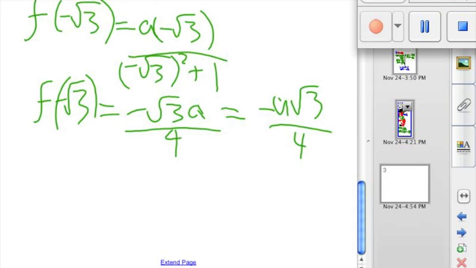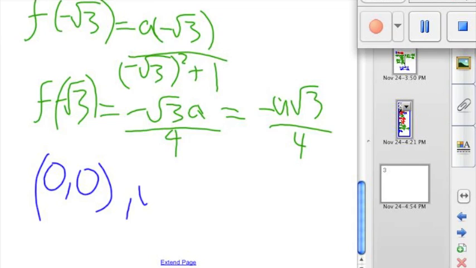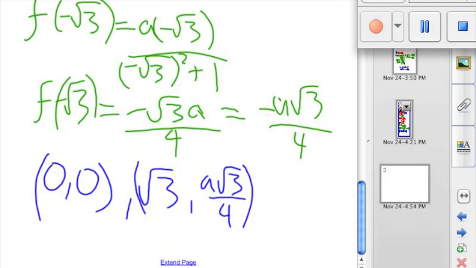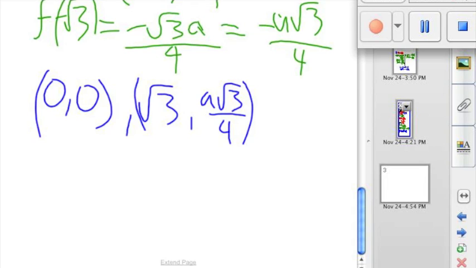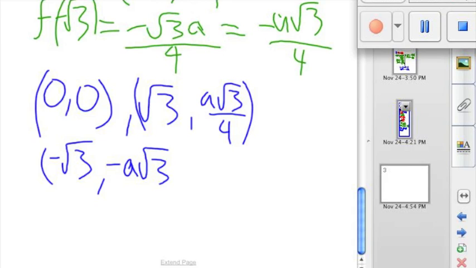They are 0, 0; root 3, a root 3 over 4; and the final one is negative root 3, negative a root 3 over 4. Those, gentlemen, are your answers. Thank you.